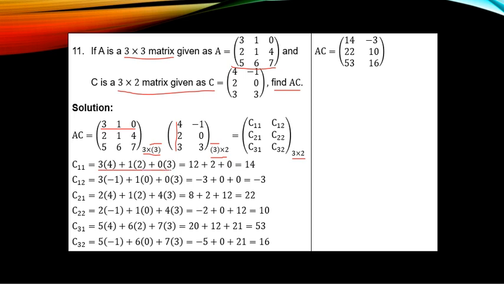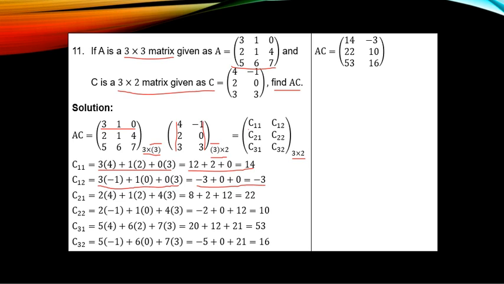So you have 12 plus 2 plus 0 equal to 14. Then the same first row multiplies the second column to have C12. That is 3 times minus 1 plus 1 times 0 plus 0 times 3. So you have minus 3 plus 0 plus 0, that is minus 3.